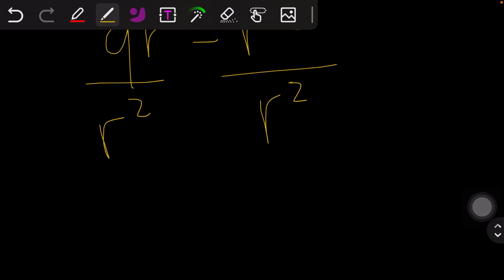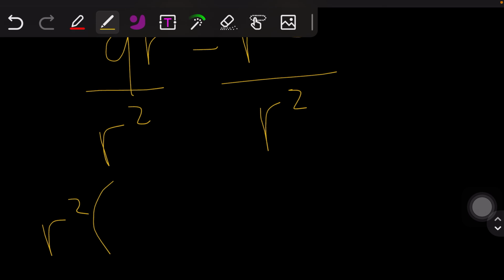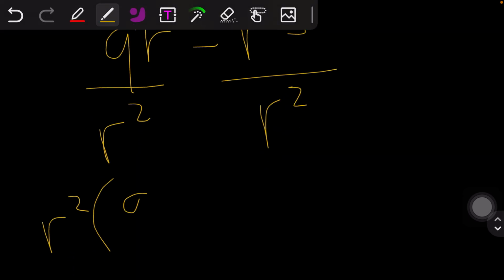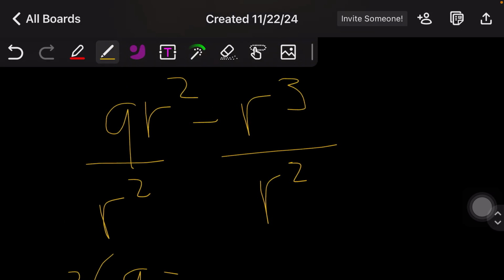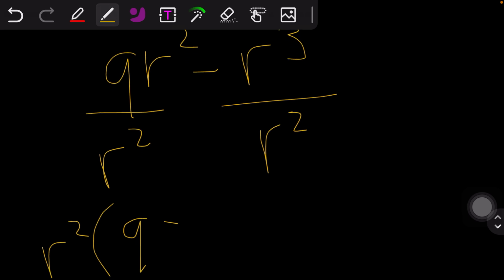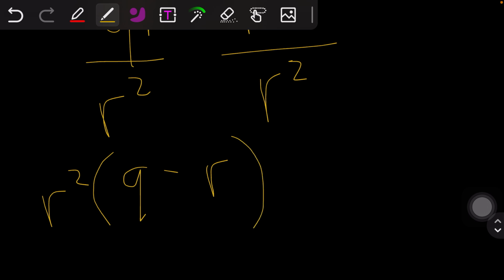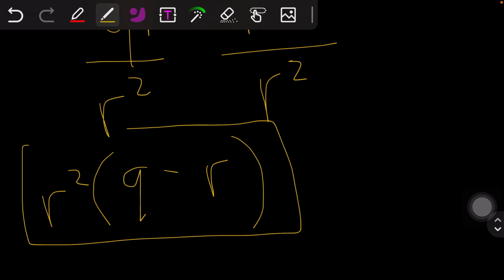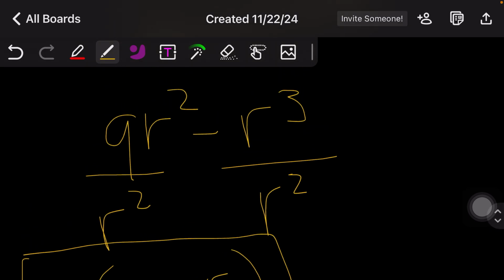So after we divide out that r squared, we're left with r squared on the outside of the bracket, and q minus r inside, because r cubed divided by r squared is just going to be r. This right here is going to be our factorization of the expression q r squared minus r cubed.